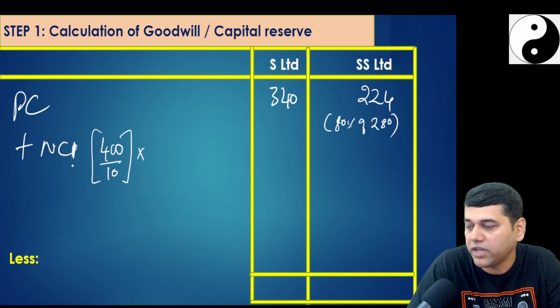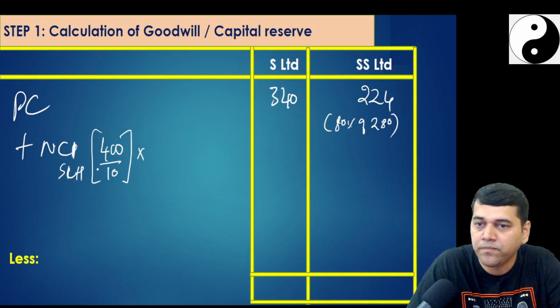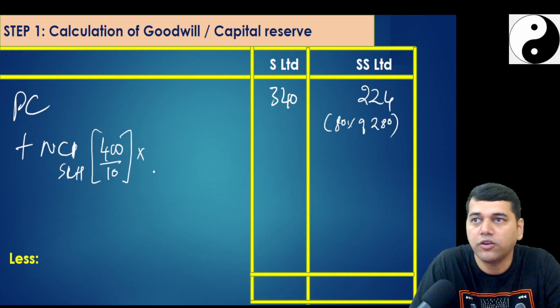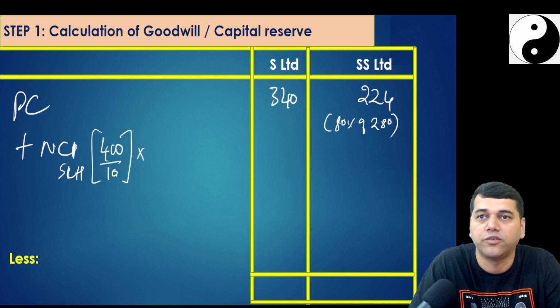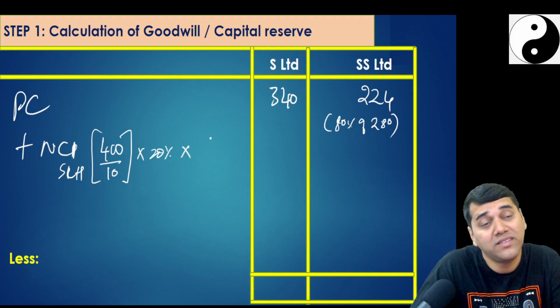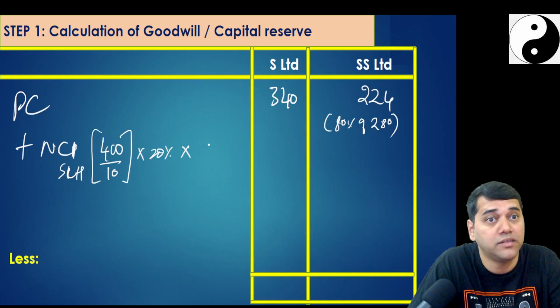Into, okay, we are talking about S Limited. NCI of S Limited. 400 into 10, we got the number of shares. 10 rupees is the face value, no? Out of this, how much is the NCI percentage? 20%. Into, what is the market price of S Limited? 10.